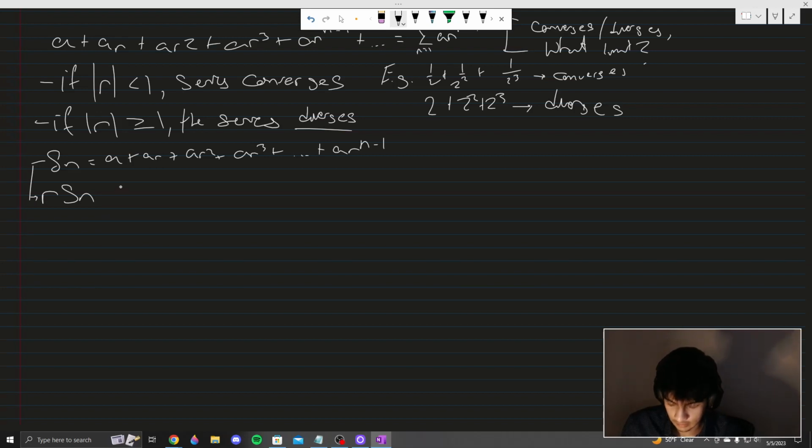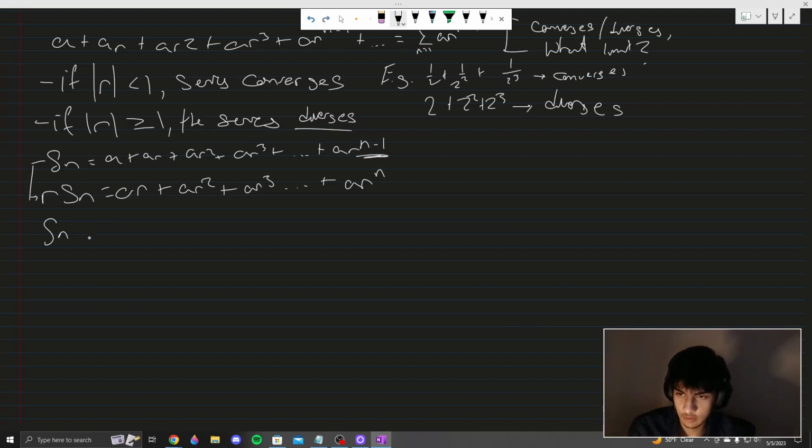Okay, and this leads into this. r times S sub n equals ar plus ar squared, plus ar to the n. See how it eliminates that first term, or offsets by one term in the sequence. And now it takes away this part right here. So if we subtract the second expression from the first, S n minus r times S sub n, we get a minus ar to the n.